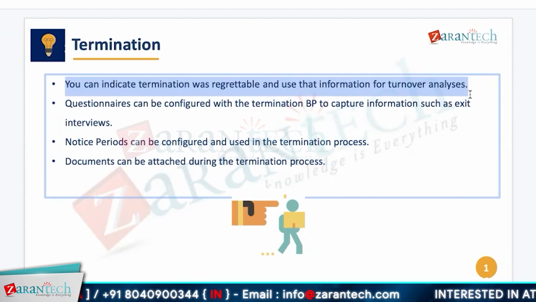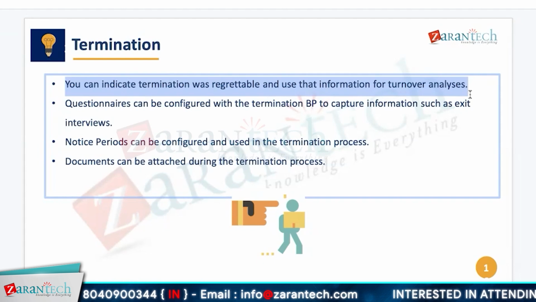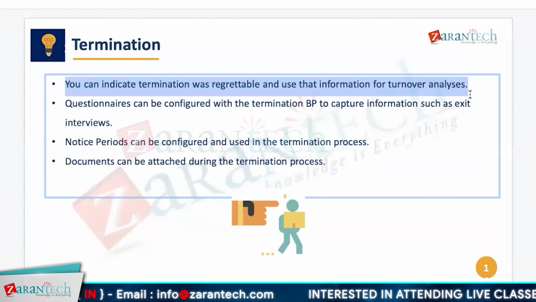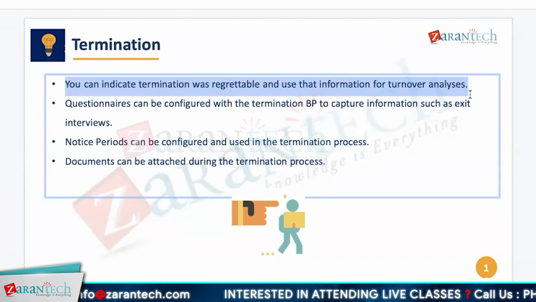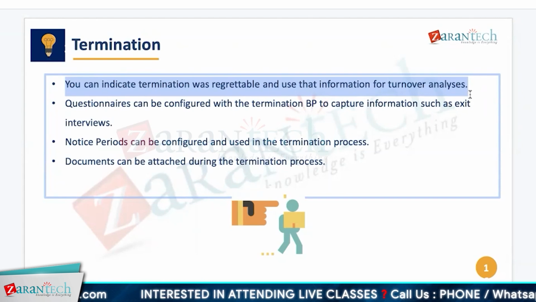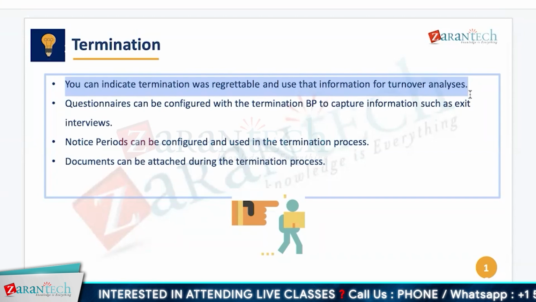Now I am selecting no in regrettable or for rehiring. So it means that I was not happy with them, and I actually let them go. That should not impact my turnover numbers.